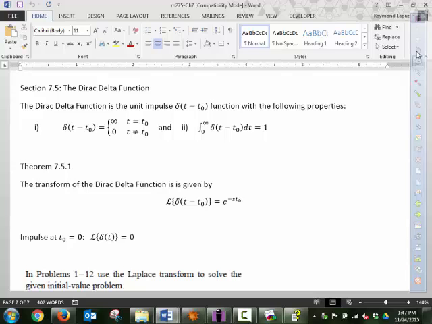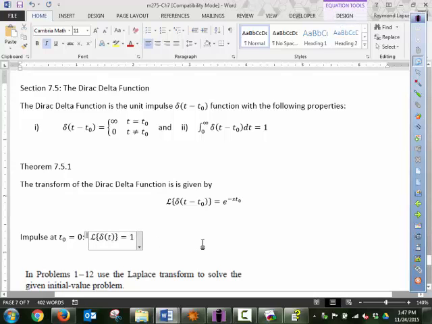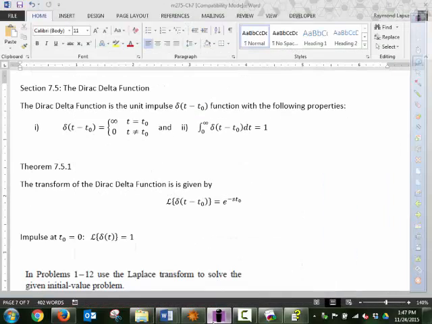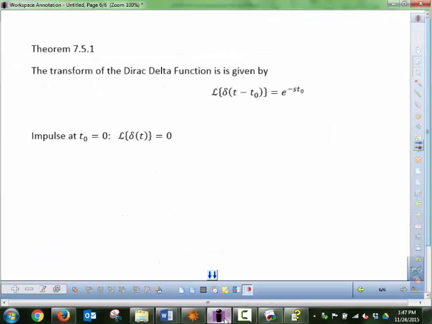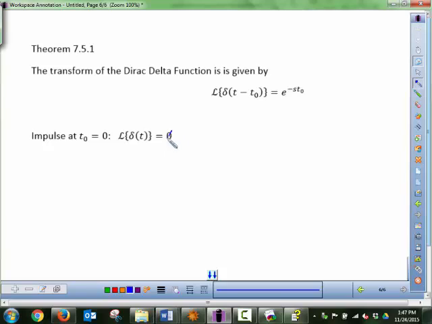Yeah, it's 1, sorry. Makes a difference. Let's make sure this is fixed up in our notes here, because t naught equal to 0 makes your transformation e to the 0, which is equal to 1.